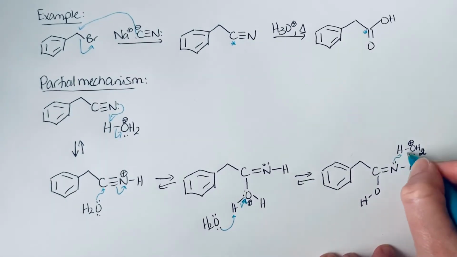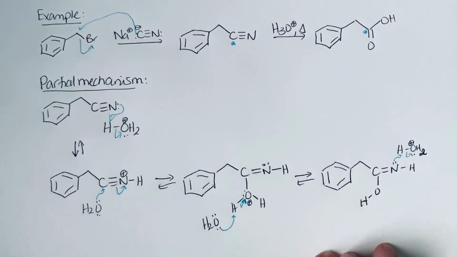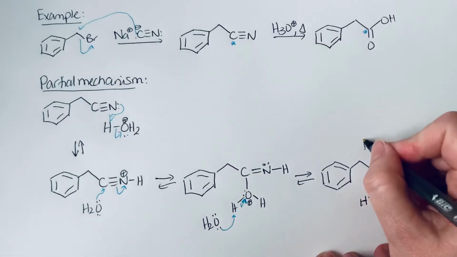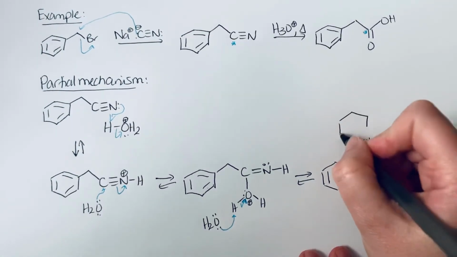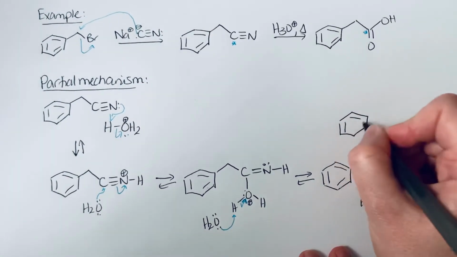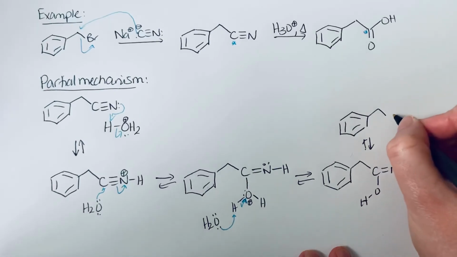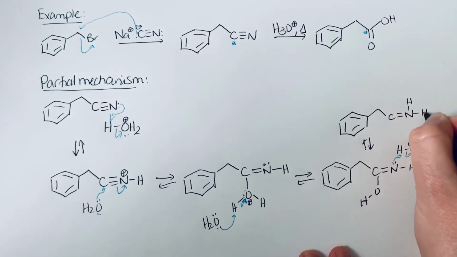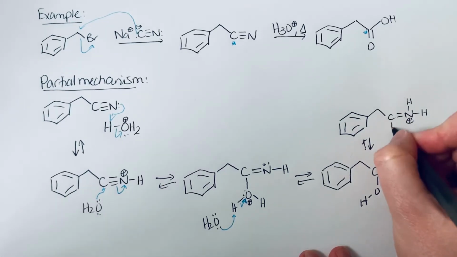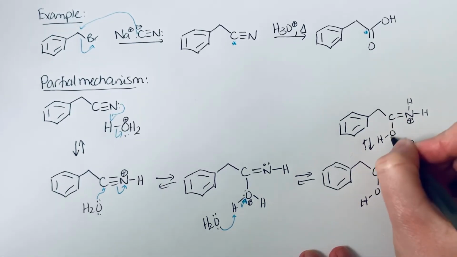So I'm going to protonate this nitrogen and draw what we have. And so we're going to have this carbon with a double bond to the nitrogen. The nitrogen has two hydrogens, so it has a positive charge. And we have OH here.